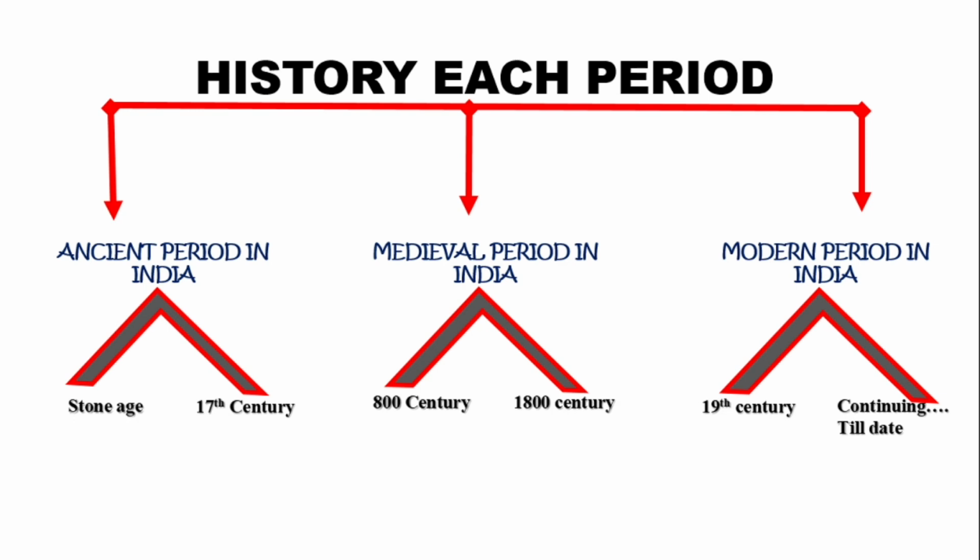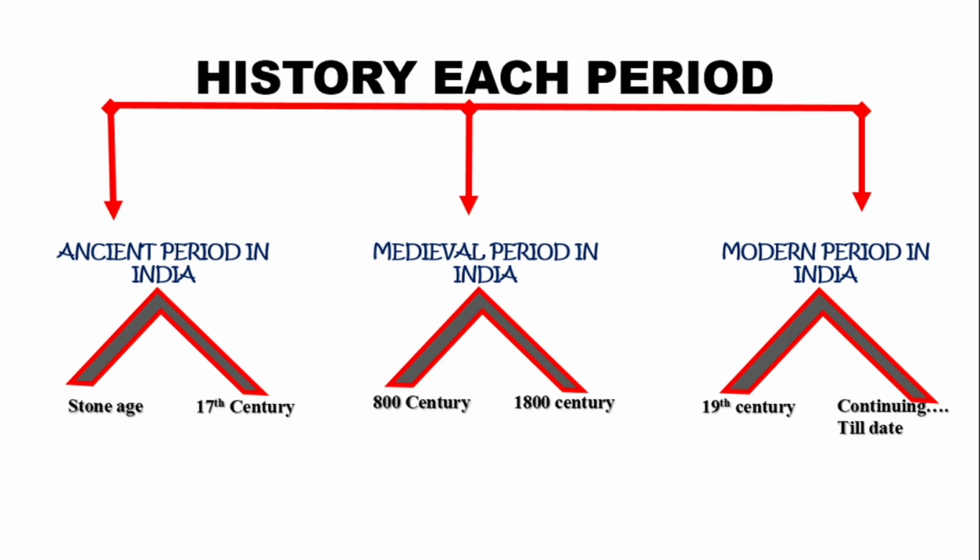The first is the ancient period in India, which covers the Stone Age to the 7th century. The medieval period of India covers 1000 years, from the 8th century to the 18th century, whereas the modern period in India covers the 19th century and continues till date.